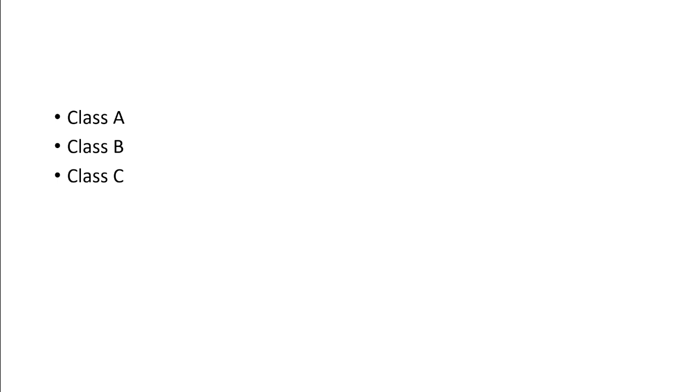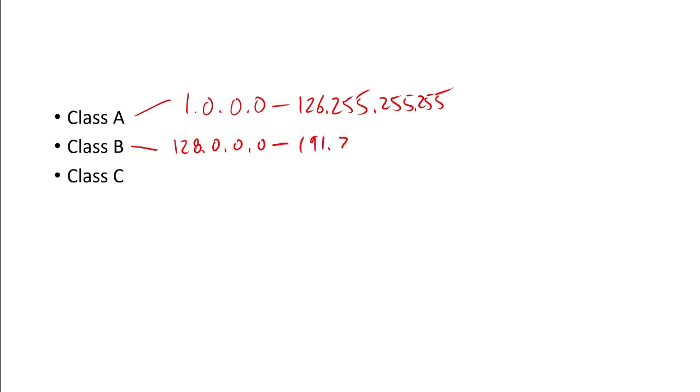Basically, we have 3 classes of networks, and they're class A, B, and C. Class A is basically 1.0.0.0 to 126.255.255.255, and class B is 128.0.0.0 to 191.255.255.255.